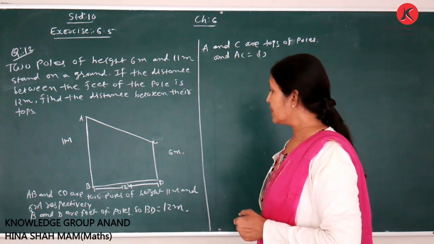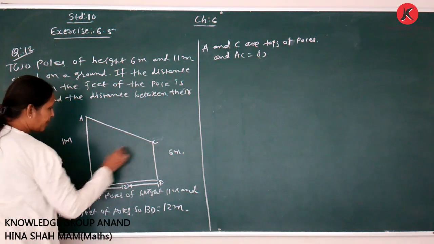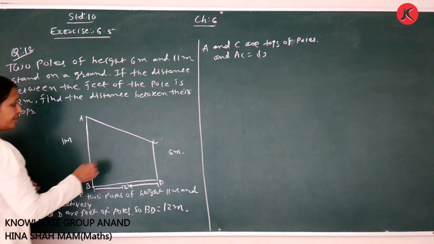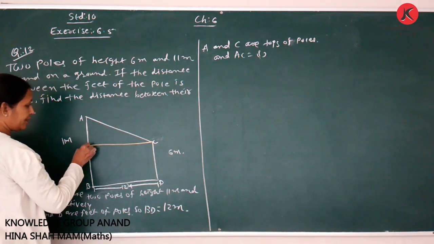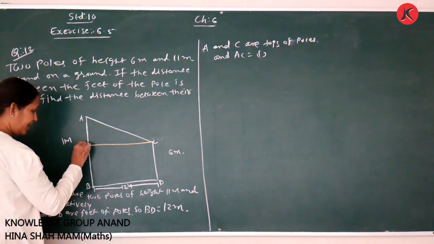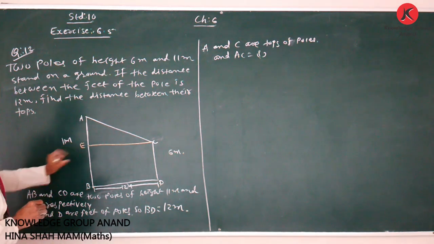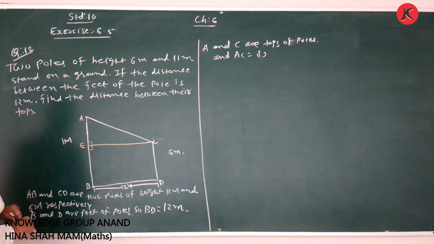Here draw a perpendicular. A, B, C, D, E. CE is perpendicular to AB.